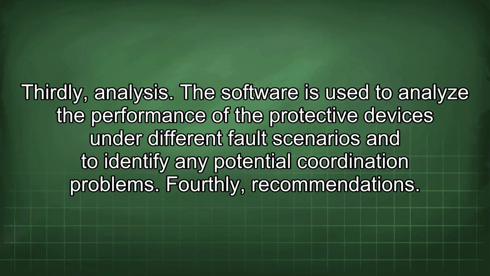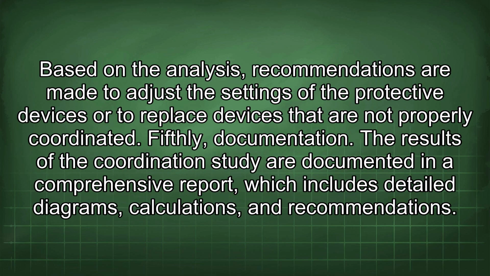Thirdly, analysis. The software is used to analyze the performance of the protective devices under different fault scenarios and to identify any potential coordination problems. Fourthly, recommendations. Based on the analysis, recommendations are made to adjust the settings of the protective devices or to replace devices that are not properly coordinated.